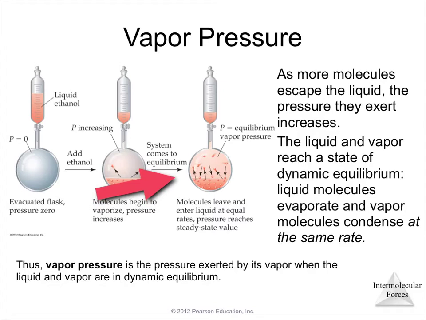The liquid and vapor reach a state of what we would call dynamic equilibrium, meaning that the liquid molecules entering the gas phase will ultimately even out with the gas particles moving back into the liquid phase. That's our dynamic equilibrium. Liquid molecules will evaporate and vapor molecules will condense at the same rate. And that is what we'll call vapor pressure.